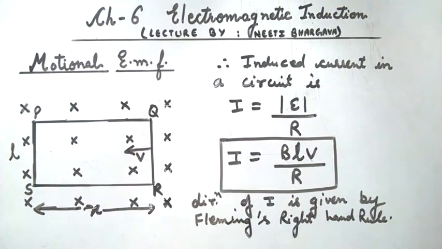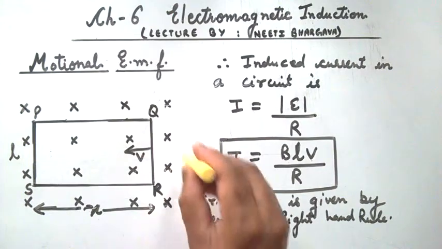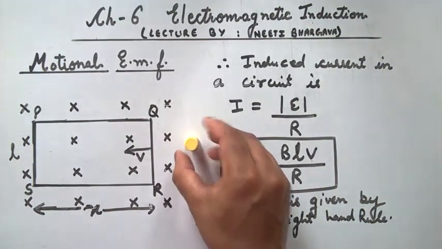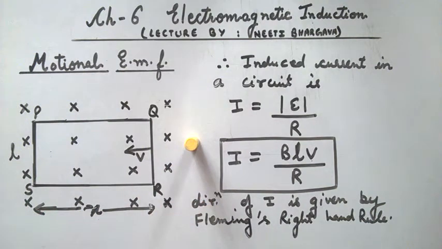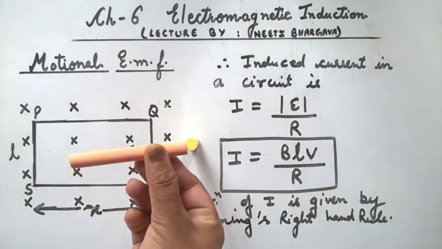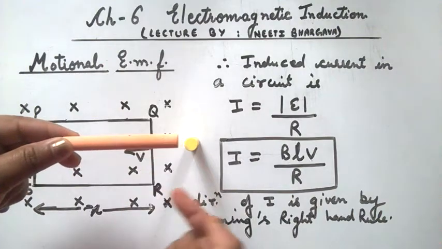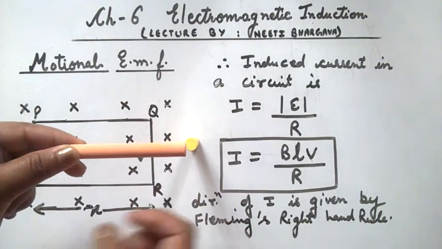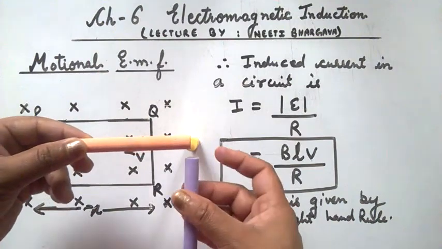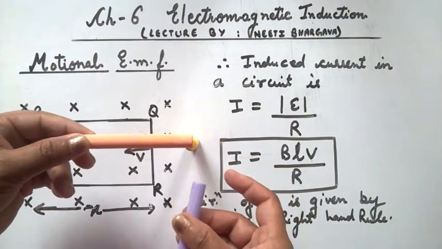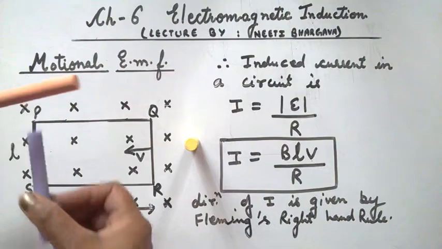Here, let this be the direction of magnetic field which is into the plane of a paper, and this gives the direction of the motion of a conductor which is towards left, perpendicular to magnetic field. Thus the direction of current is downward, or in clockwise direction.